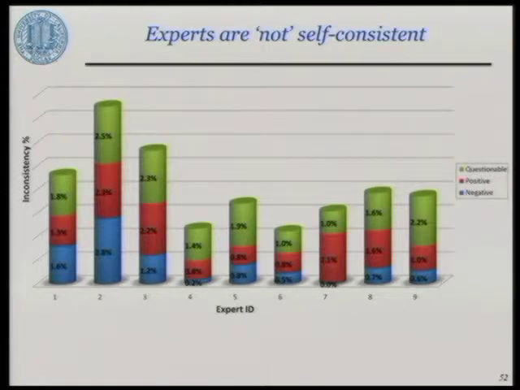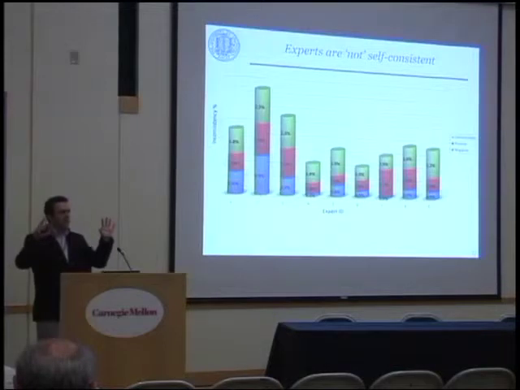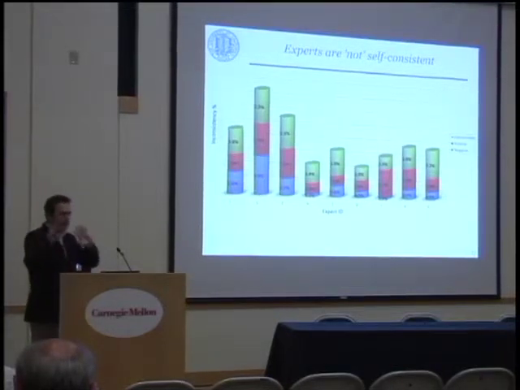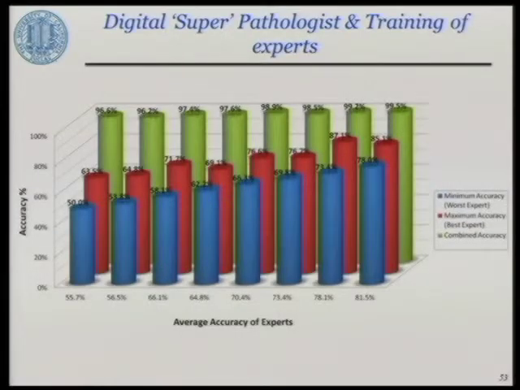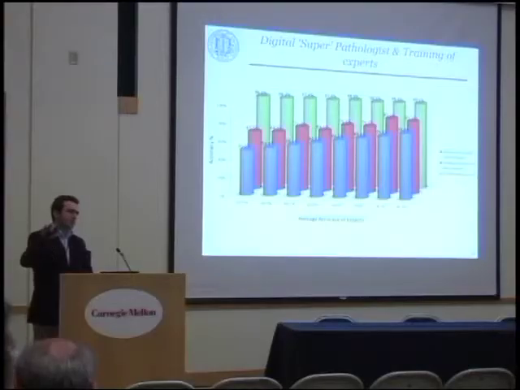But we want to create something that's going to work with half-trained or half-expert people that we can outsource these images to. So we also did this study, which is soon going to appear online. We gave our images to a bunch of experts, and their training level was also predicted based on control images.